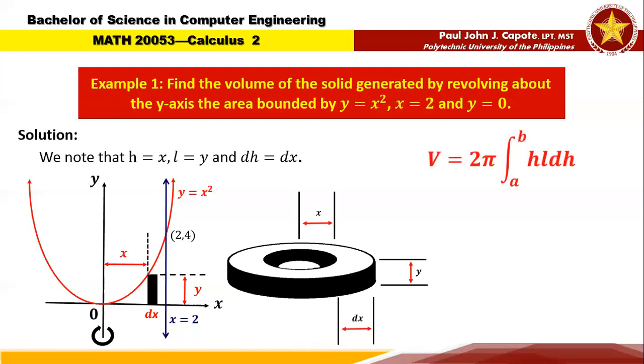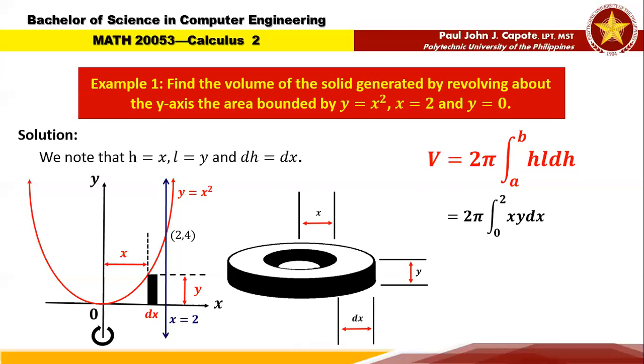Using the general formula where h equals x, L equals y, and dh equals dx, we have volume is equal to 2 pi times the definite integral of x times y dx from 0 to 2. Take note of the integrand, it's xy dx.